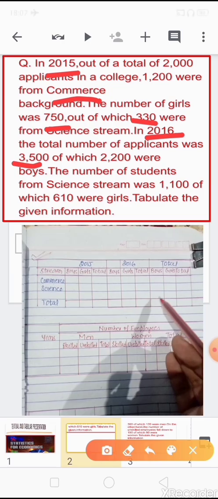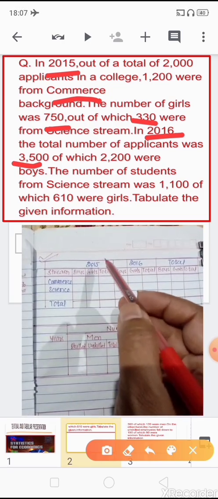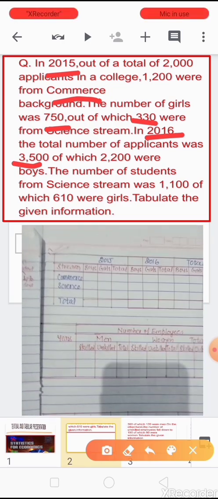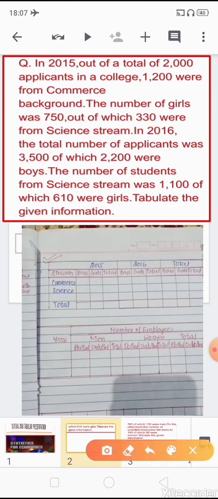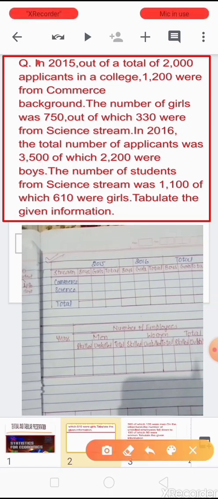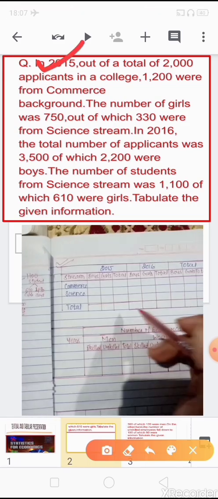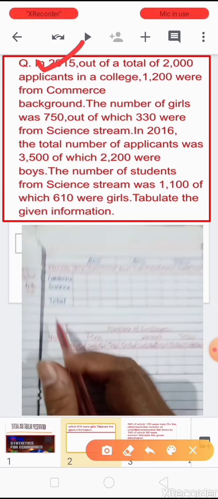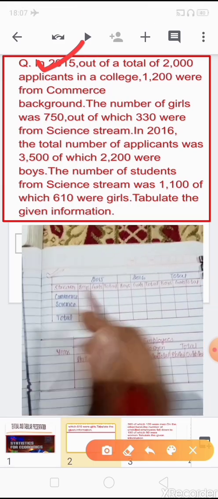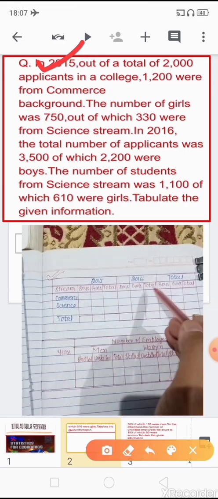As I just said, the first deals with 2015, so we are going to start with 2015 first. What is the information supplied to you, children? This is basically known as rows, and this is columns.